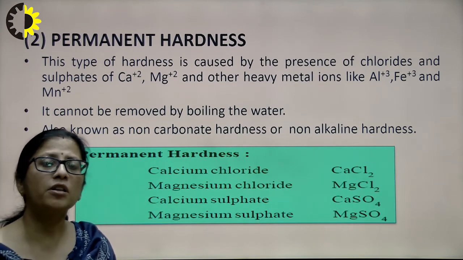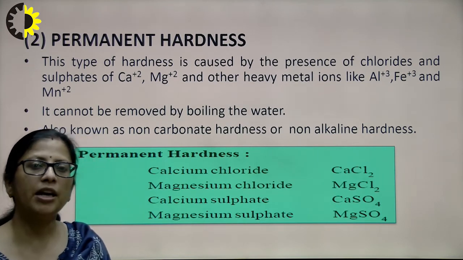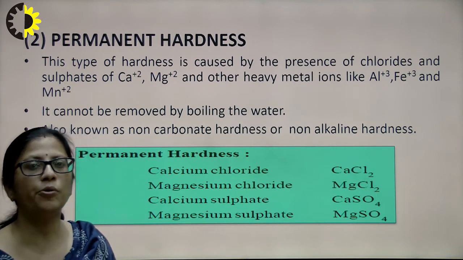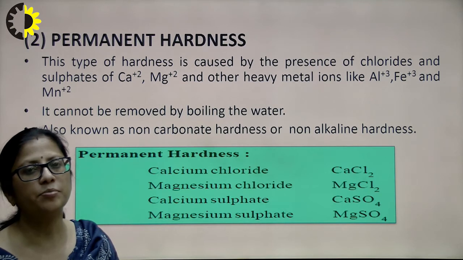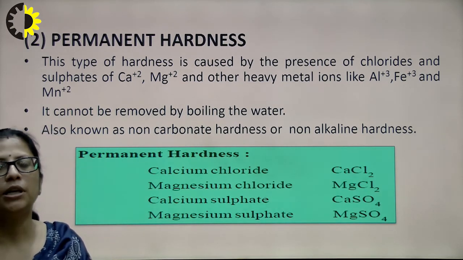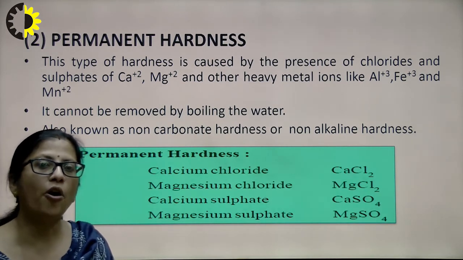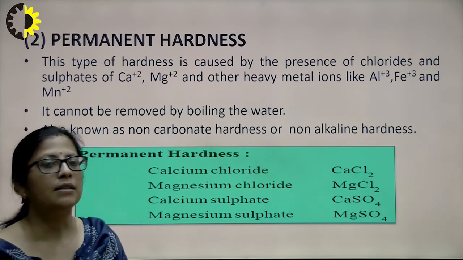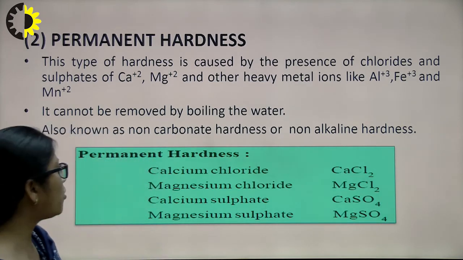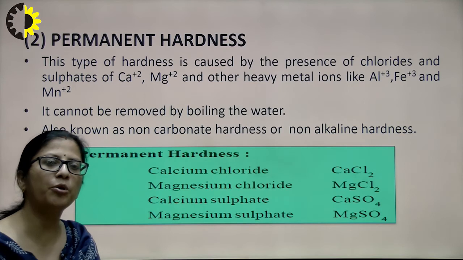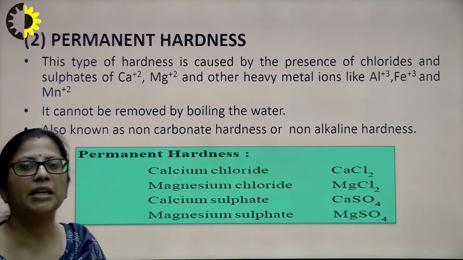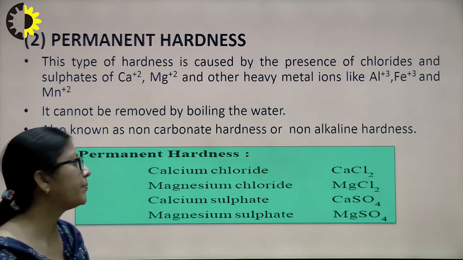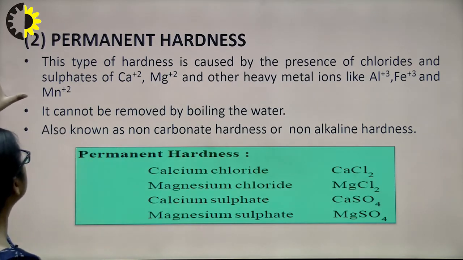Since they are caused by chlorides and sulfates, this hardness is also known as non-carbonate hardness, and as they are not responsible for alkalinity in water, they are also known as non-alkaline hardness. Some salts which can cause permanent hardness are calcium chloride, magnesium chloride, calcium sulfate, magnesium sulfate.